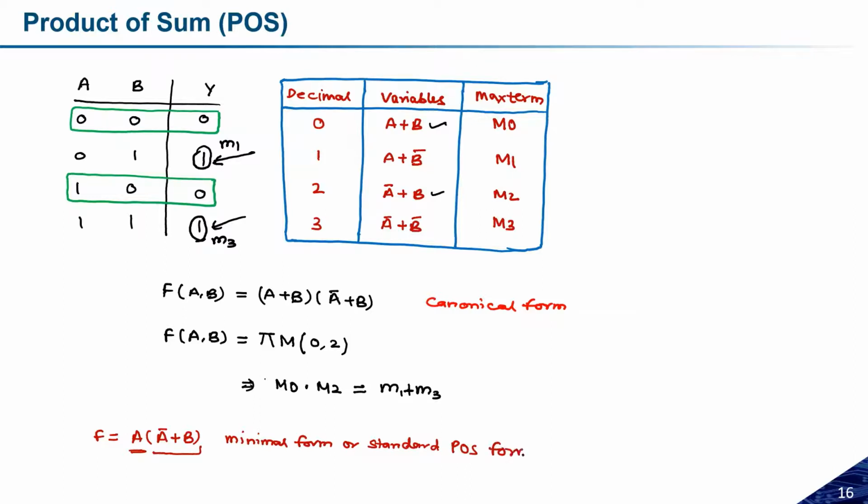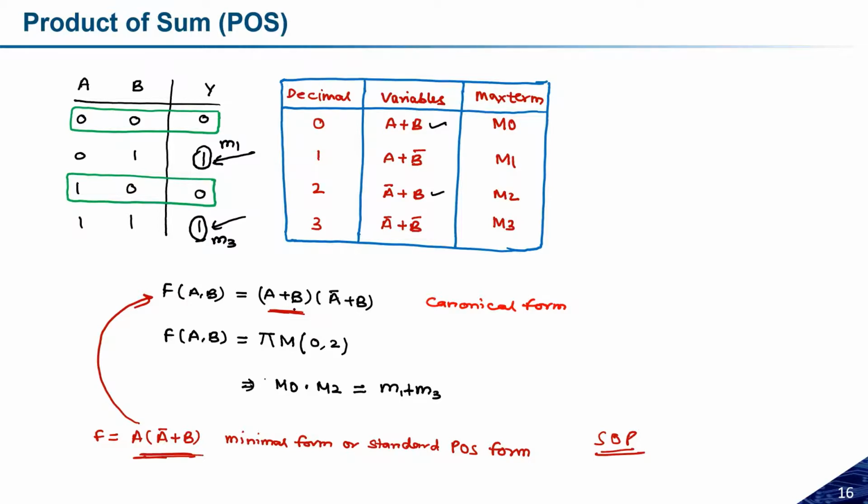So suppose I have to convert a function which is in the standard form into the other form, like this POS form into the SOP form. Then what do I have to do? First step, I have to convert this standard POS into the canonical form, so that I get all the variables.